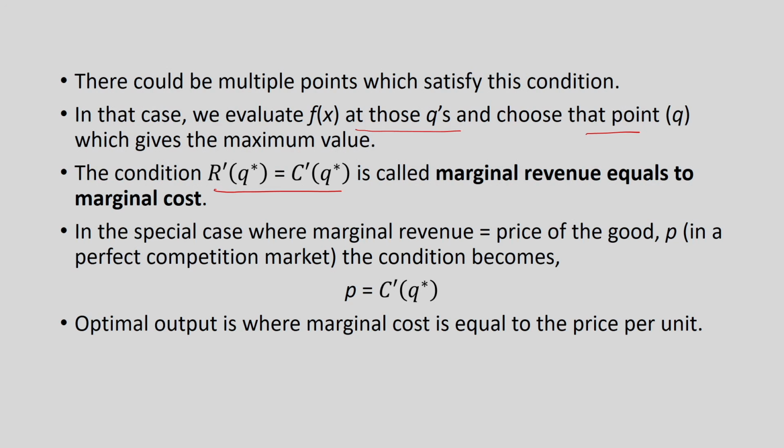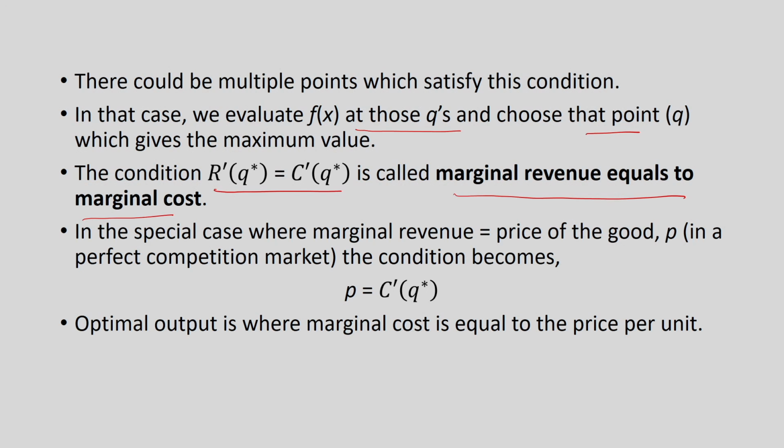The condition R dashed Q star is equal to C dashed Q star is called the marginal revenue equals marginal cost condition. Why am I calling this the marginal revenue equals marginal cost condition?